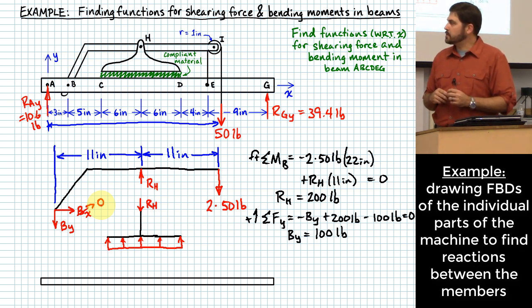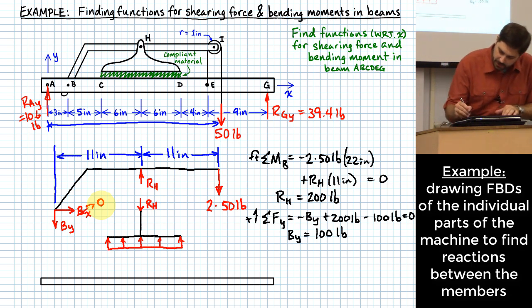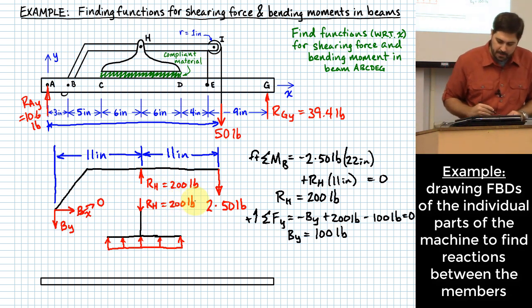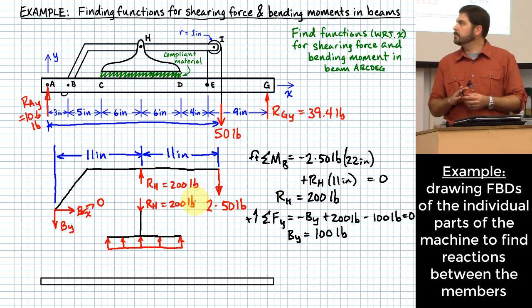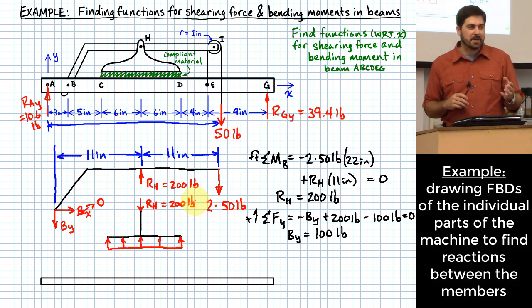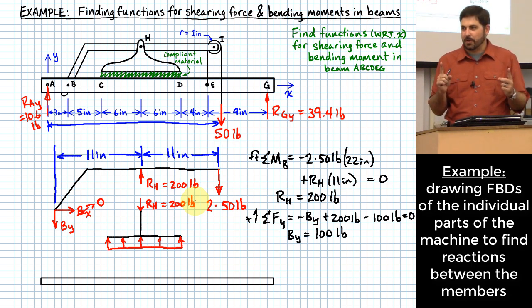Okay, so now we have an RH that's 200 pounds. What do you think this distributed load is going to be on the underside of this shoe? All right. I made the numbers pretty nice for you, right? How long is the shoe? 12 inches long. It's 1 foot long, right?